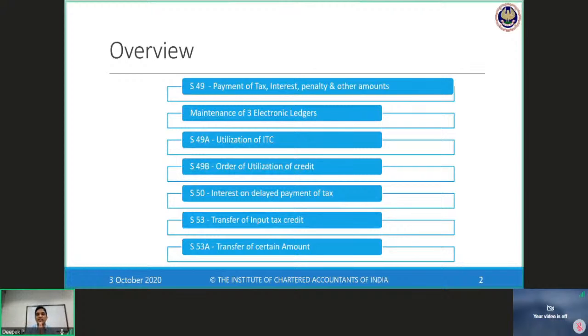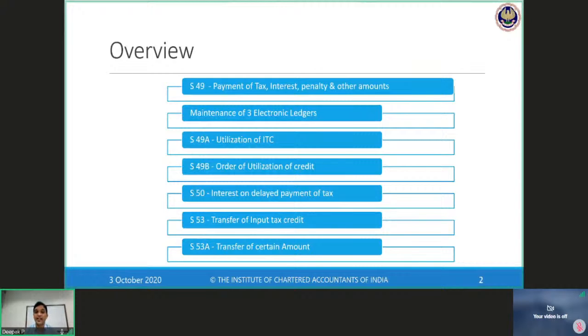So these ledgers are maintained electronically at the portal. Each person will have a GST login, and when you log in to your GST portal, you will have a dashboard. In the dashboard, you will have the option to select the ledgers. You have 3 ledgers: the electronic credit ledger, electronic cash ledger, and electronic liability register. Who authorizes these registers is given in section 49.